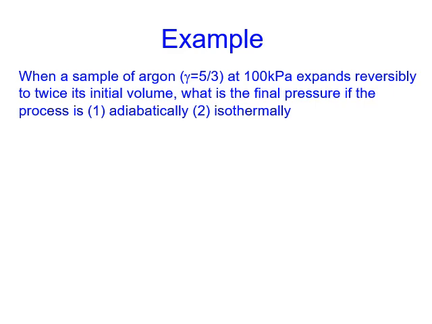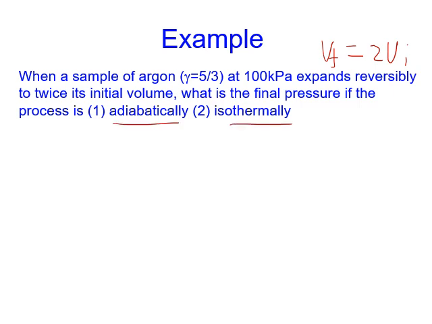Sample question. When a sample of argon at 100 kPa expands reversibly to twice its initial volume, that means V final is twice V initial. What is the final pressure if the process is adiabatic or isothermal?